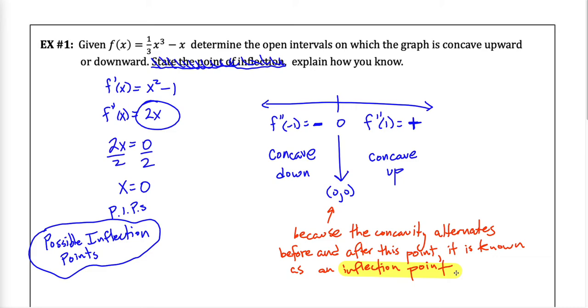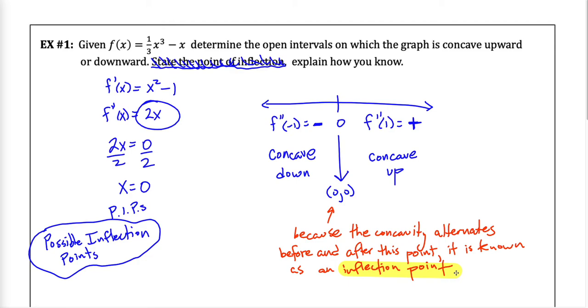So when we do the second derivative equal to 0 and undefined, and we call them possible inflection points, there's only 2 things that could make it not an inflection point. One, it's not an actual point, like it might be on a vertical asymptote or something. So in that case, it's not a point, it can't be an inflection point. Two, the concavity doesn't alternate before and after, and you definitely will have functions where that happens.